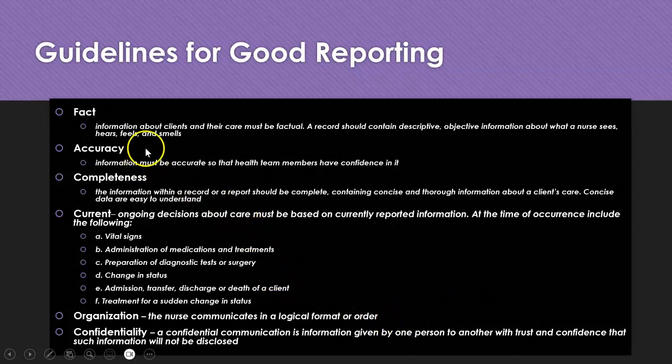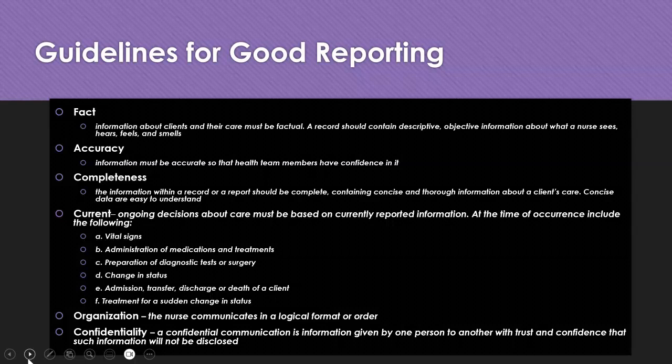Fact: information about the client and their care must be factual. A record should contain descriptive, objective information about what a nurse sees, hears, feels, and smells. So when they say the information should be factual or objective, that means you don't give your opinion, you give exactly what you see.